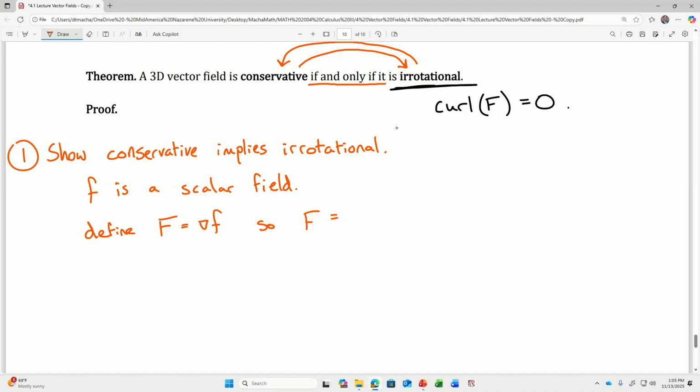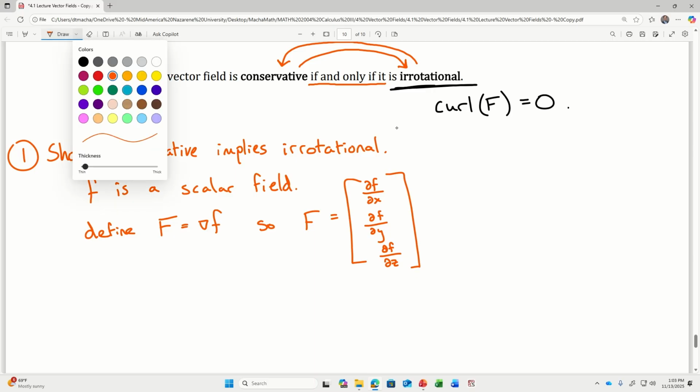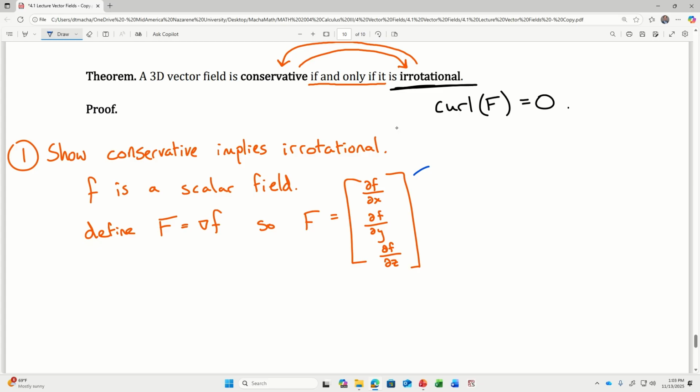So capital F is going to be a vector field where I have all of the partial derivatives of lowercase f. And that means the way I've constructed the capital F is conservative. And now we just have to prove that this is irrotational.